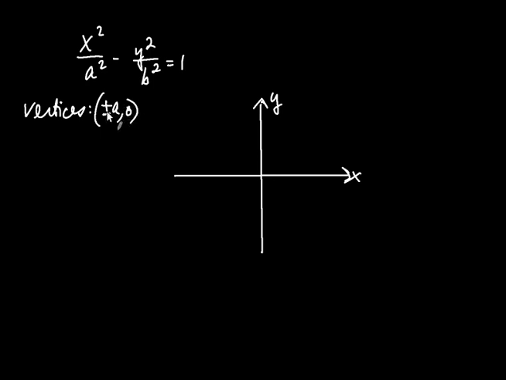Then what we do is we create this box, what's called the central box. The way you create the central box is, on the y-axis, you go up b and then down b, and then you go over a on the x-axis, whatever that number happens to be, and negative a in the other direction, and you create this little grid.